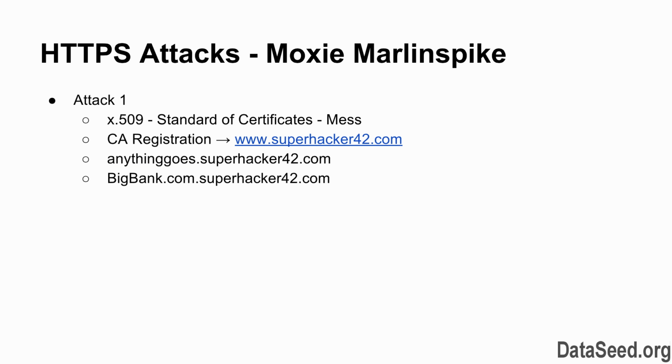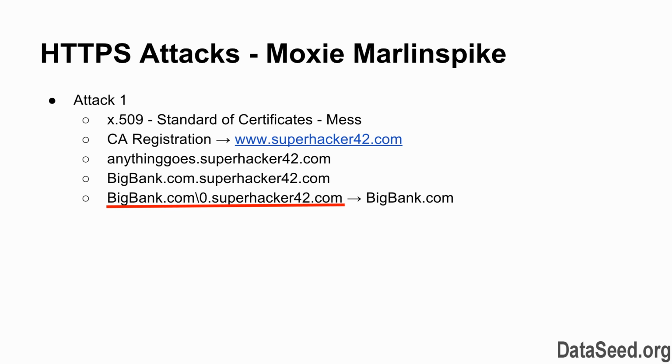The CA would approve something like this, bigbank.com representing your financial institution. But because the standard allows for a lot of different characters, we could also get the following domain approved. This \0 represents a null value, and if you were to click on a link like bigbank.com\0.superhacker42.com, some browsers would get rid of everything after the null and would only display bigbank.com.